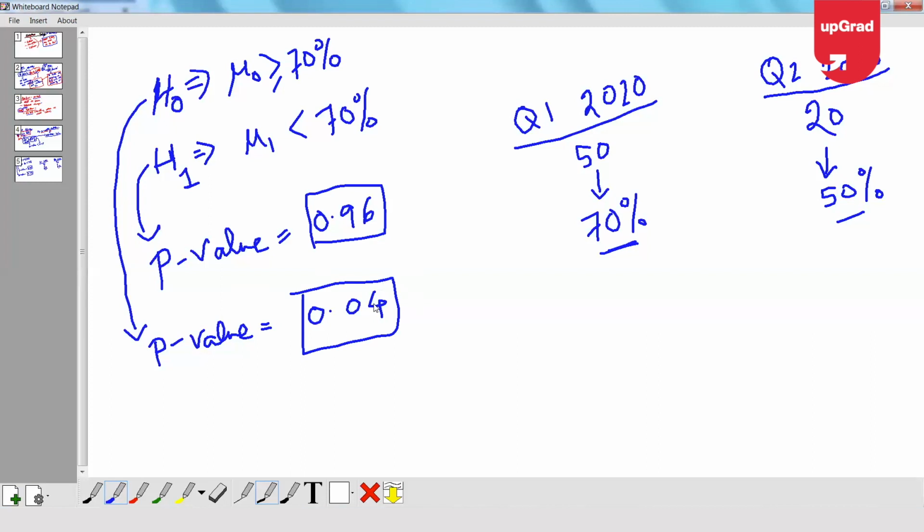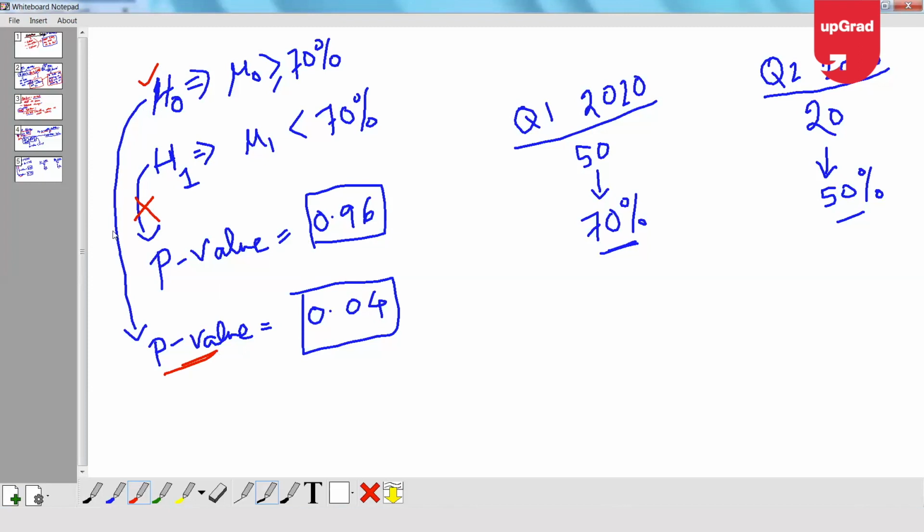So ideally, the p-value of your null hypothesis, which we can test, this we cannot test, by the way, but this we can test. So if we can get the p-value of H0, we can also derive the p-value of H1. So this cannot be directly achievable through statistical tests.